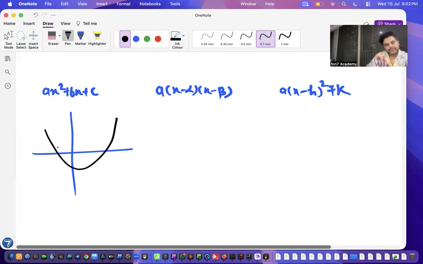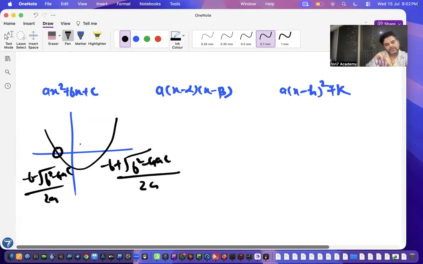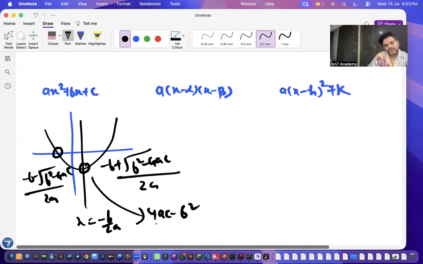The roots are minus b minus square root of b square minus 4ac over 2a, and minus b plus square root of b square minus 4ac over 2a, and h is x equal to minus b over 2a. And the y coordinate you can get by substituting x over there, or directly write 4ac minus b square over 4a. These are the constants that you need most of the time.